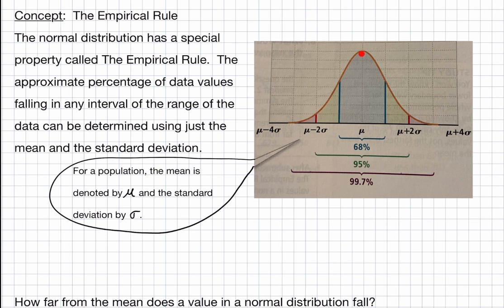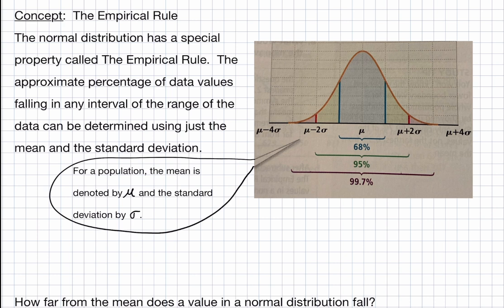So if this point here is the average, then the first standard deviation is right over here, this blue line here. And we would call this one standard deviation or one distance away from the average.